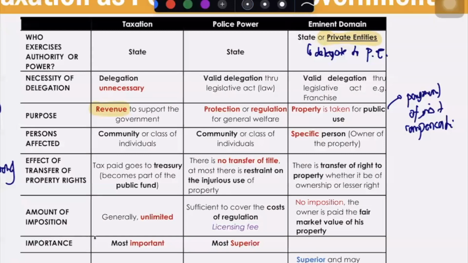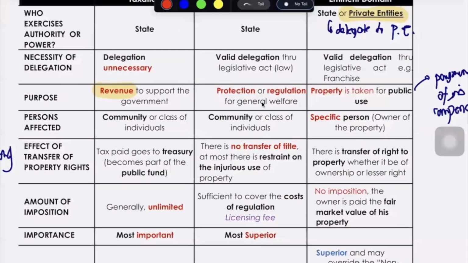Next, as to police power, the persons affected are the community or classes of individuals again, while for eminent domain, it will be the specific person or owner of the property. So taxation and police power are the same, community, while eminent domain is only the specific person.